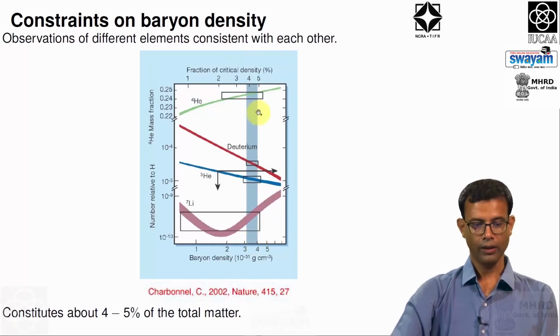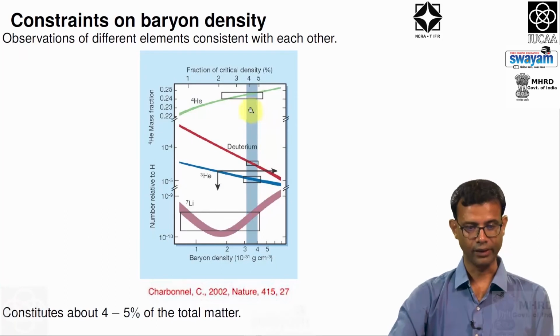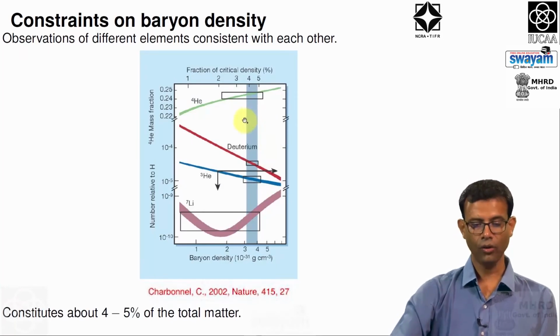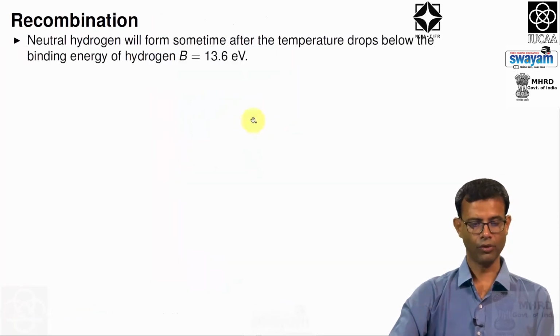Okay. So, not only does the nucleosynthesis model work, it also helps us to constrain the value of the baryonic density. Okay. So, this is how we go on and understand cosmology.